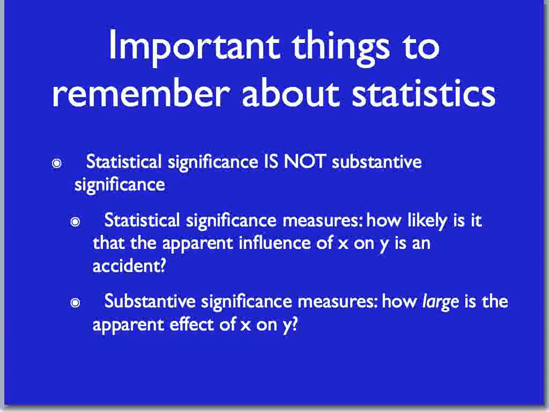So, what is the difference between statistical significance and substantive significance? Statistical significance just measures how likely is it that the apparent influence of X on Y is an accident. What statistical significance doesn't measure is whether the influence of X on Y is important, whether the influence of X on Y is large. That is substantive significance.